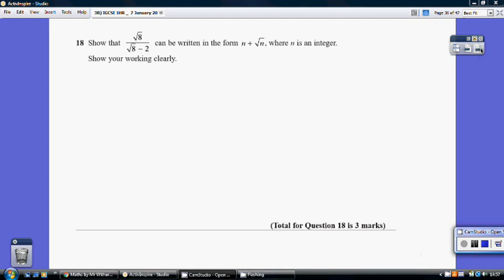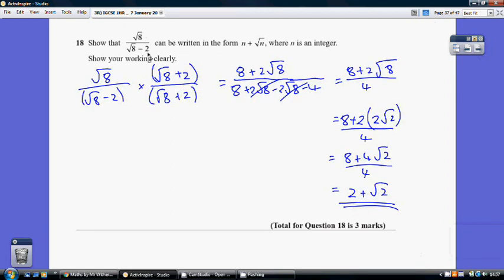Question 18. So the key learning point here, when you want to rationalise a surd and you've got these two terms in the denominator, you've got to remember to start off by multiplying top and bottom by the denominator, but with the change of sign. So we're going to multiply top and bottom by root 8 plus 2.